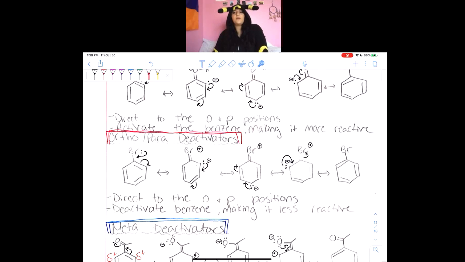However, they are going to pull electron density away from the ring. So even though it gives delta minus here to the ortho-para positions, overall it is withdrawing electrons from the ring. So that would make it a deactivator. So halogens are ortho-para deactivators.